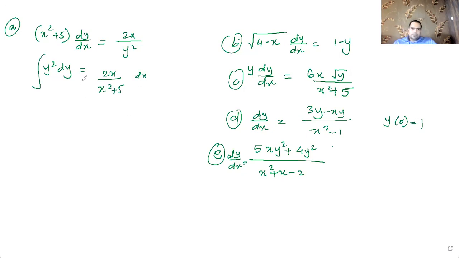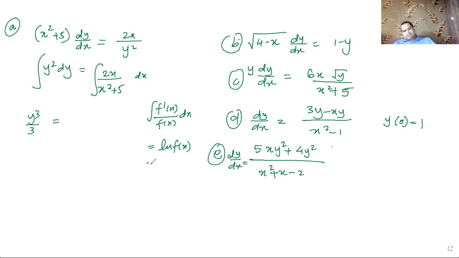Now if I integrate both sides, the integral of y squared will be y cubed over 3 equals, now in this one you can either use the substitution technique, or simply use the integration of f dash x over f x, which is nothing but ln f x. So ln f x is ln of x squared plus 5.